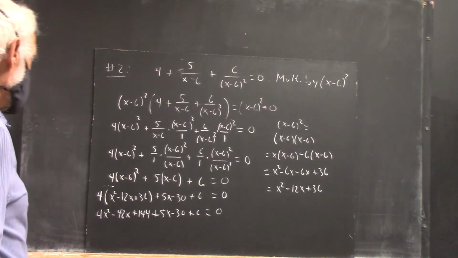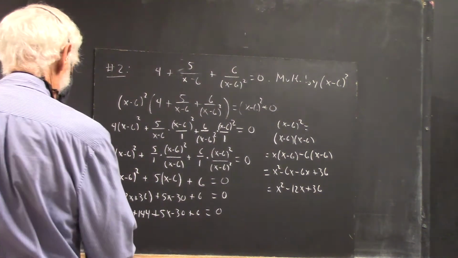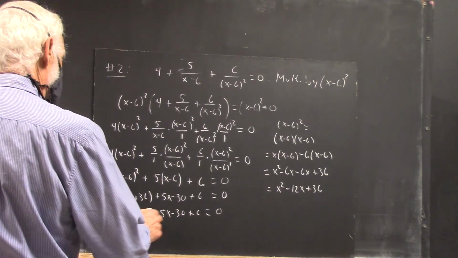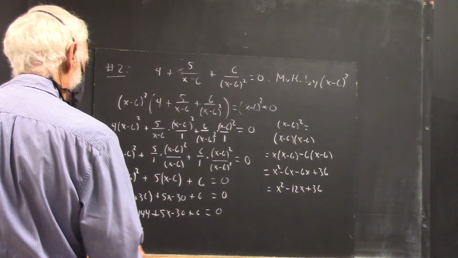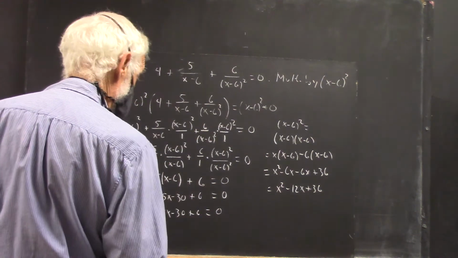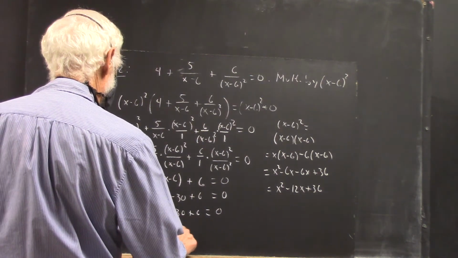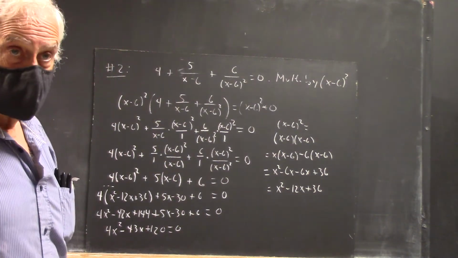And then we just simplify. We add up all our x squared, but they're just a 1. Then we have minus 48x plus 5x, that's minus 43x. Then we have 144 minus 30 plus 6, which is 120, equals 0. And now we use a quadratic formula.